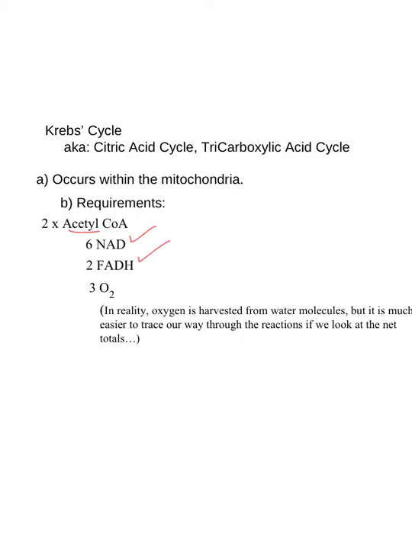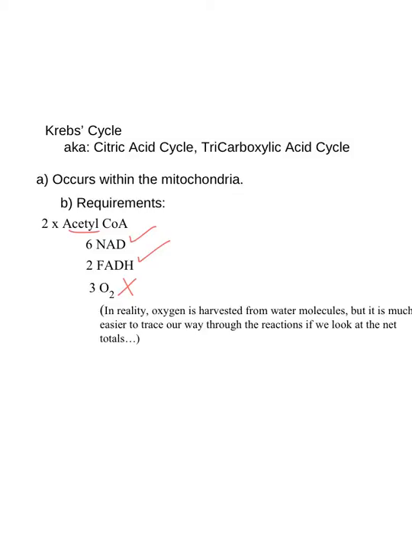The problem is that our acetyl group no longer has enough oxygen to even form carbon dioxide. So we're going to have to use some oxygen from another source. I sort of show it here as an aerobic process, and in reality that's not strictly true, because the oxygen here is harvested from water molecules.